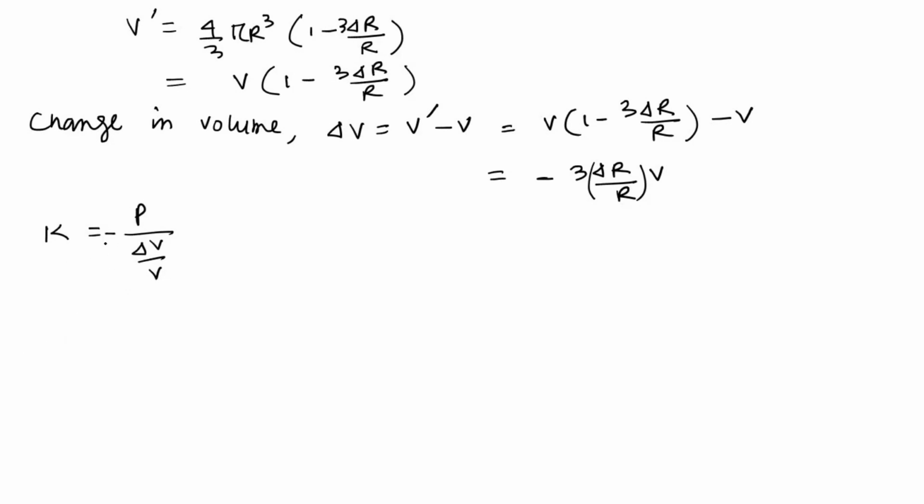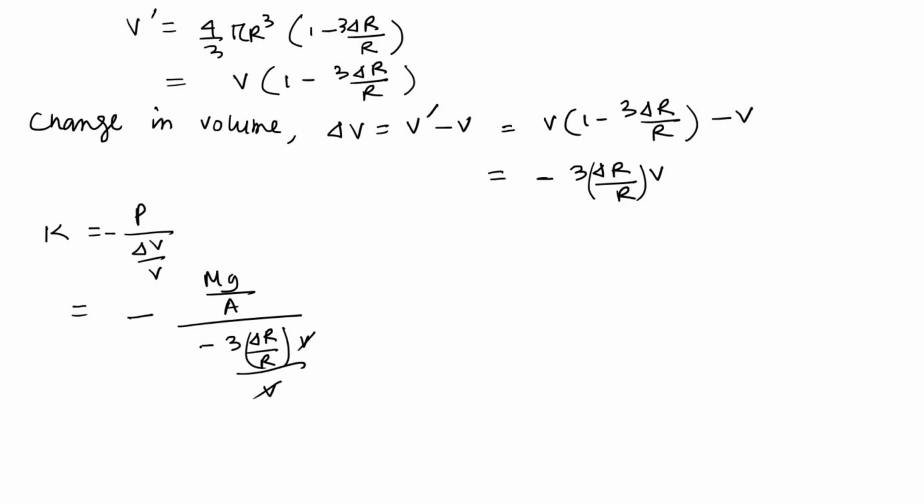So P is equal to mg by A, and delta V is minus 3 delta R by R into V, divided by V.